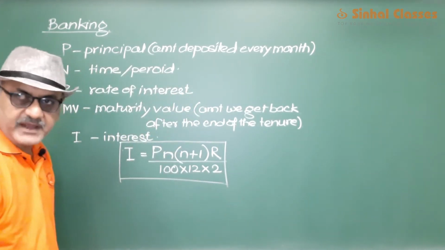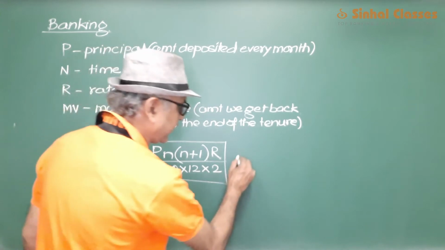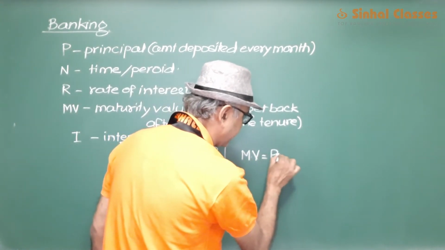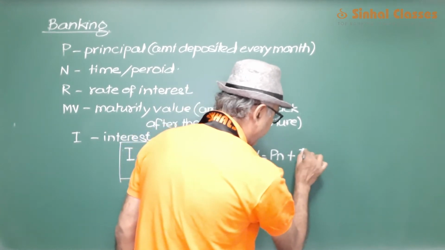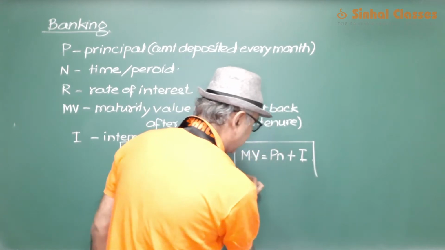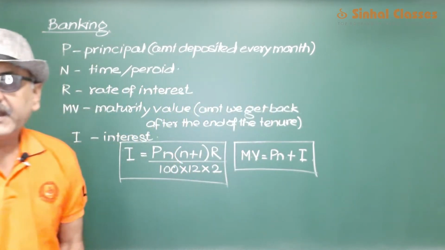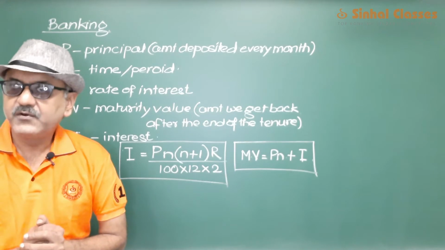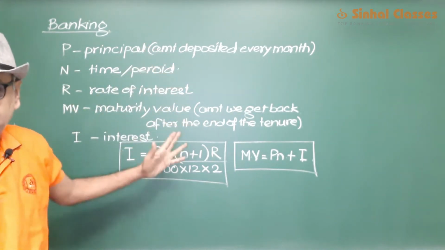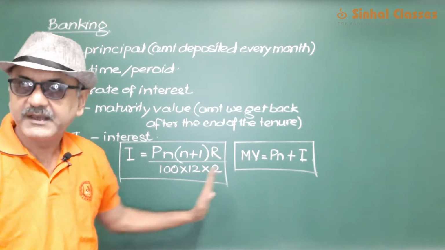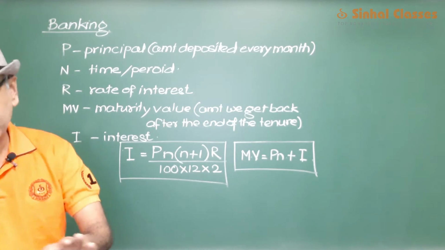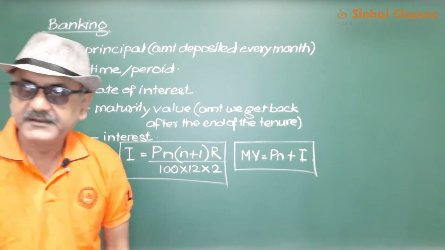And the next formula is for maturity value: maturity value is principal into number of months plus interest. So guys, these are the 2 formulas which are involved in this chapter. Learn the terms, know the terms, learn the formulas. You know this much, your chapter is done, because rest, everything else is simple calculation.